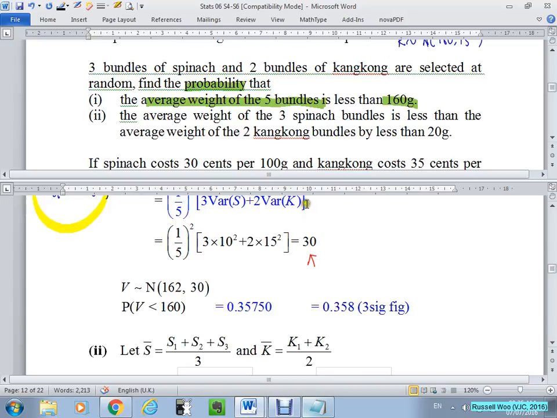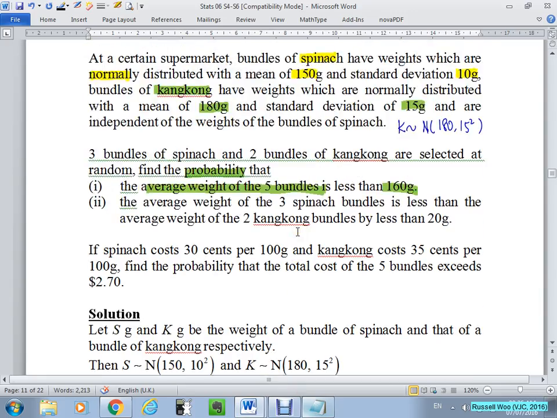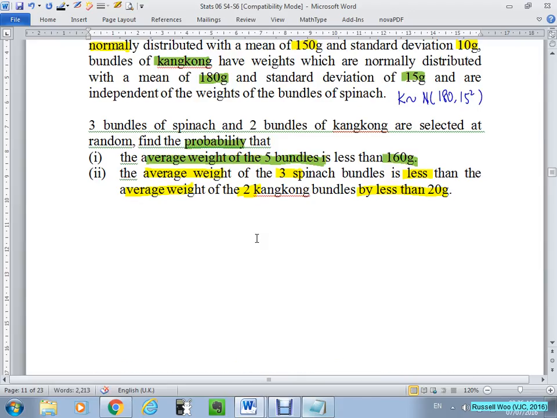What does it mean to have the average weight of 3 to be less than the average weight of 2 by less than 20? Wow, quite a mouthful actually. Okay, without doing anything, all look up. Practice.